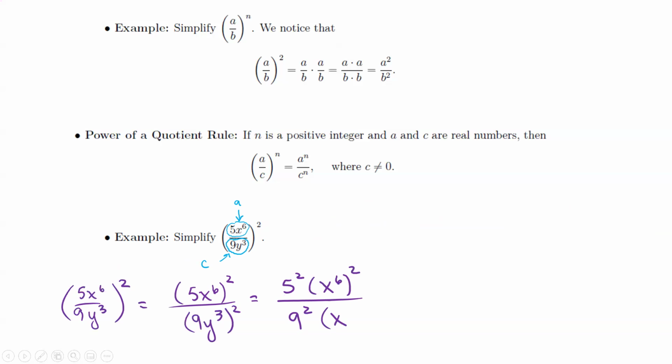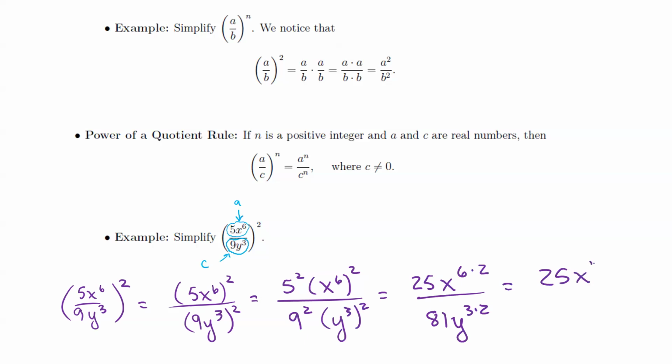That was a y, not an x, sorry. And then we can go ahead and calculate 5 squared is 25. But in the case of x to the sixth to the second power, that's one where we should be multiplying the exponents. So 25x to the 12th over 81y to the 6th.